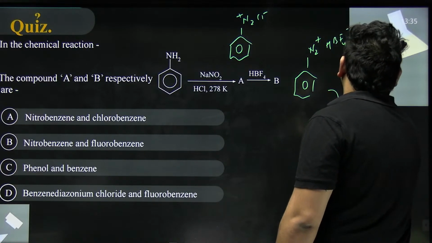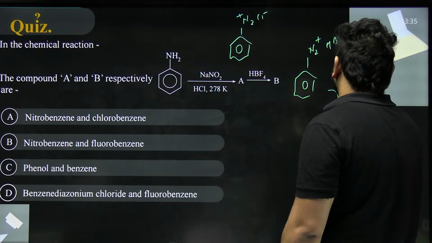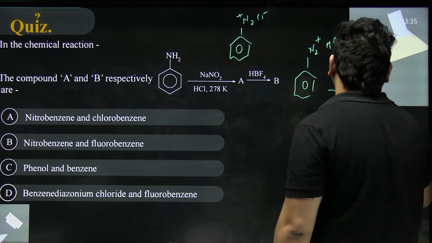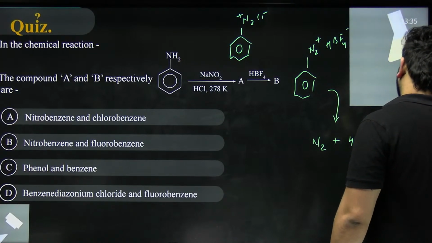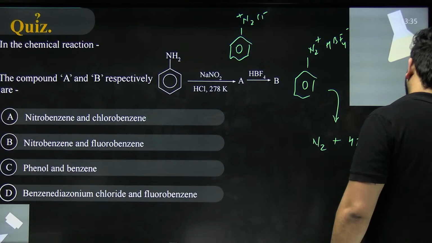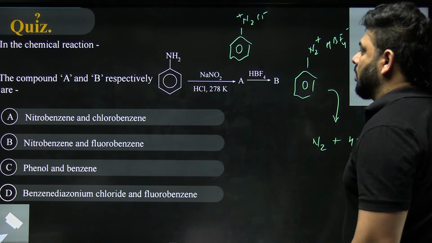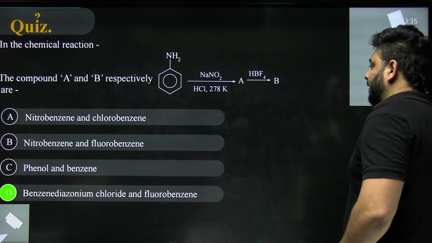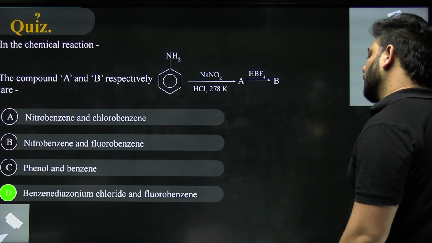Then it releases N2, HF, BF3, and there becomes the fluorobenzene. So the answers are benzonitrile and fluorobenzene.